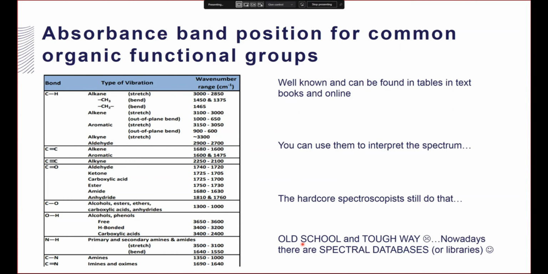They can be found in books and online, and they are still used to do so-called spectral interpretation. The so-called hardcore spectroscopists still do that. It's a bit of an old and tough way, and nowadays, luckily, there are also spectral databases that can be used to identify molecules through FTIR spectroscopy.